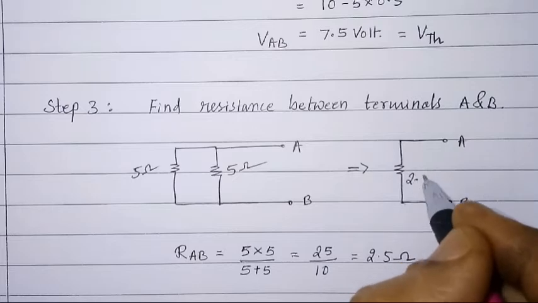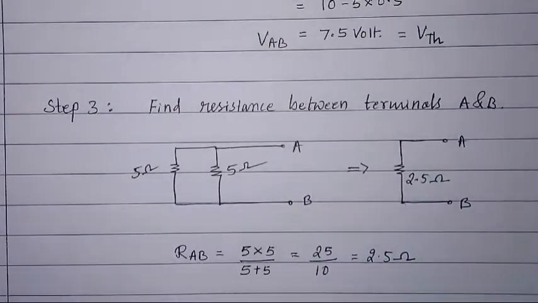So here we now have 2.5 ohm, and this is nothing but Thevenin's equivalent resistance. Now we will draw Thevenin's equivalent circuit.